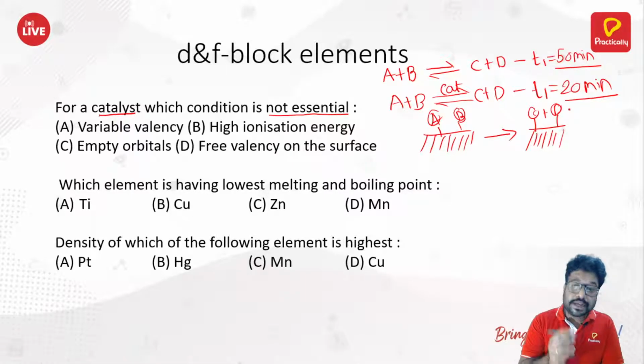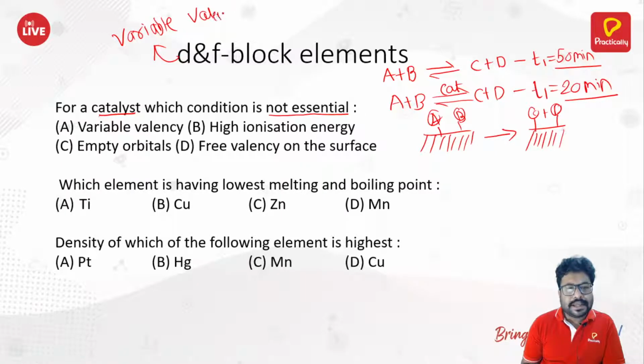For your compound to behave as a catalyst, it should be able to exist in different oxidation states. As far as D block elements are concerned, they show variable valences, with oxidation states ranging from +1 to +8.